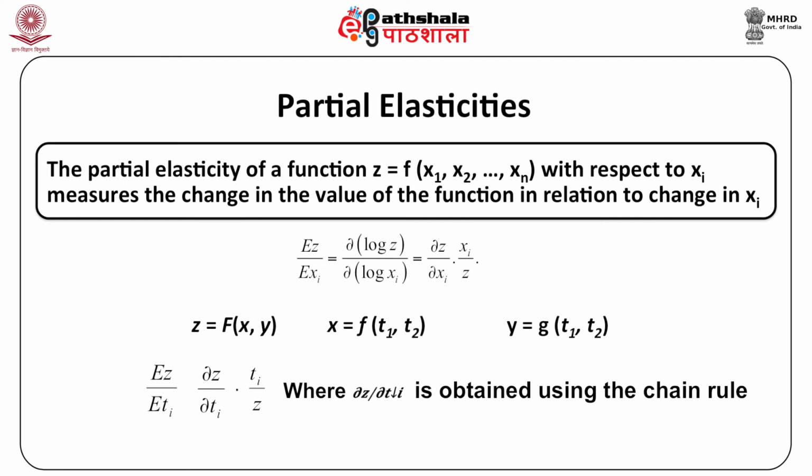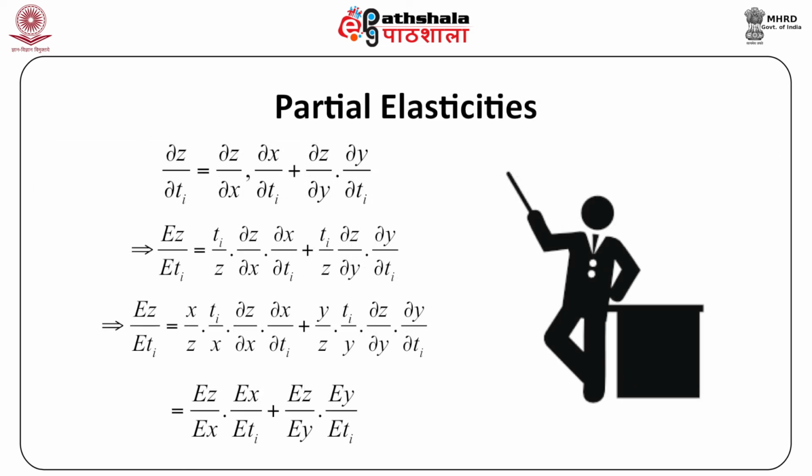Then Ez/Et1 = (∂z/∂t1)(t1/z), where ∂z/∂t1 is obtained using the chain rule. ∂z/∂t1 = (∂z/∂x)(∂x/∂t1) + (∂z/∂y)(∂y/∂t1), which implies that Ez/Et1 = (t1/z)(∂z/∂x)(∂x/∂t1) + (t1/z)(∂z/∂y)(∂y/∂t1).